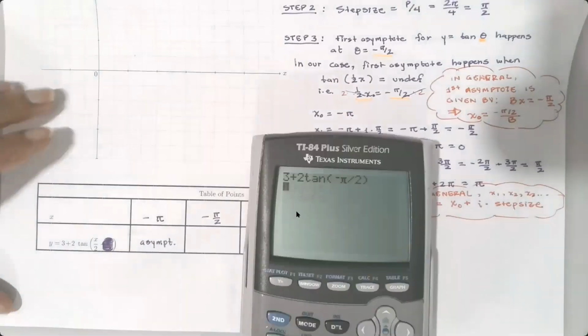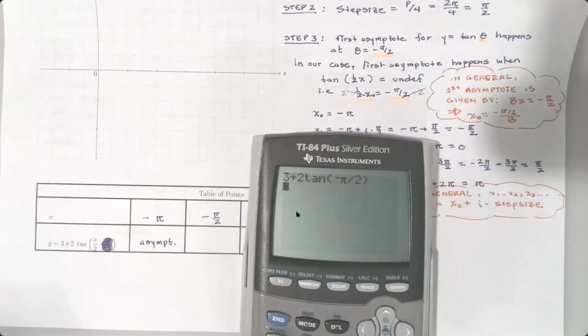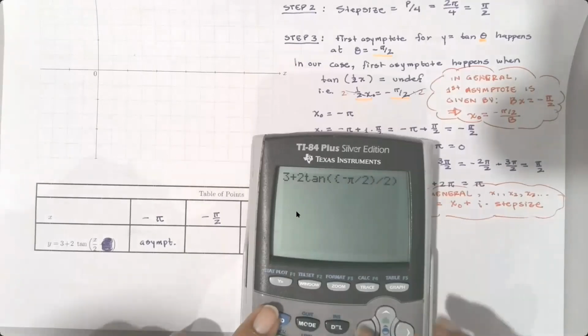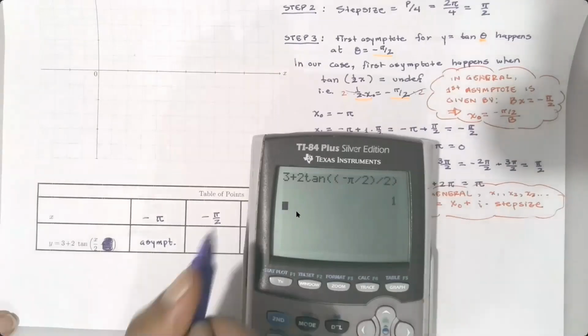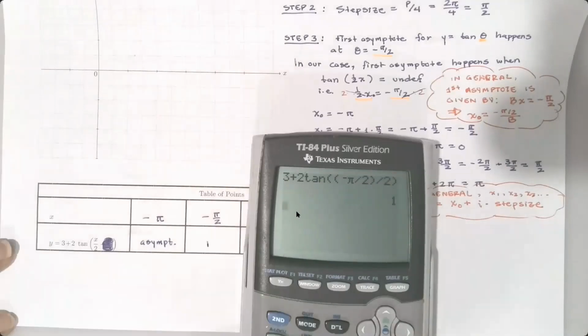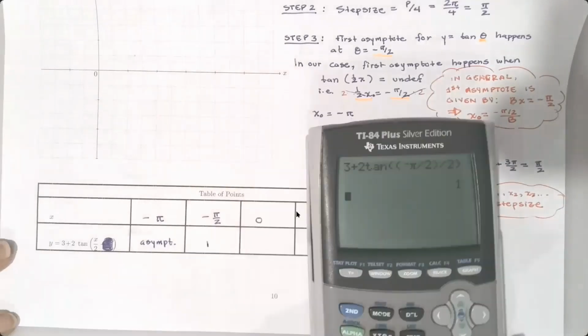Okay. Now the next x value is this negative pi over 2. So we're going to clear that, bring it back, and then we're going to have a negative pi over 2 divided by 2. Okay, I have an error in my syntax. Let's see. Oh, I think I have a curly brace instead of, there we go. We have a 1. Okay, so this here is a 1. Then the next x value is a 0.